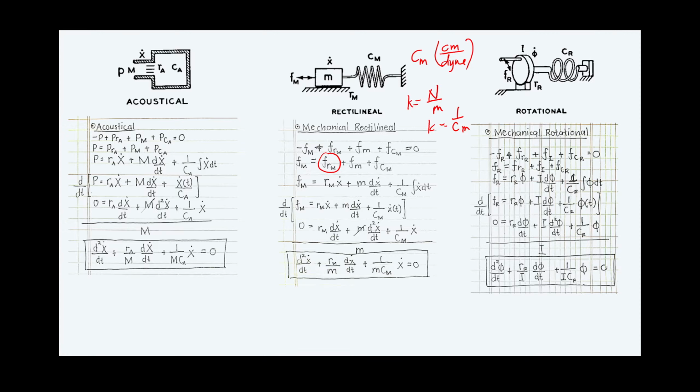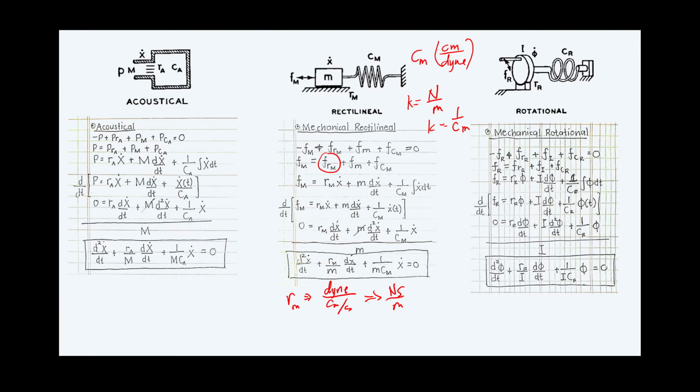The unit of Rm is dyne per centimeter per second, which is the same as Newton second per meter.